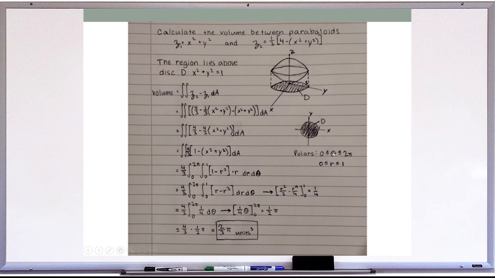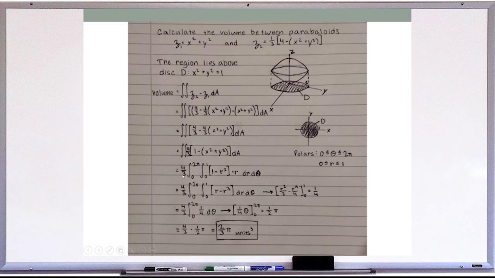The polar with respect to theta is 0 degrees to 360 degrees, which is also 0 to 2 pi, which we will be using. Since we are integrating with respect to r first, we put the limits of r, which are 0 to 1, here. And since we're integrating with respect to theta next, we put the limits of theta, excuse me, the polars of theta, which are 0 to 2 pi.